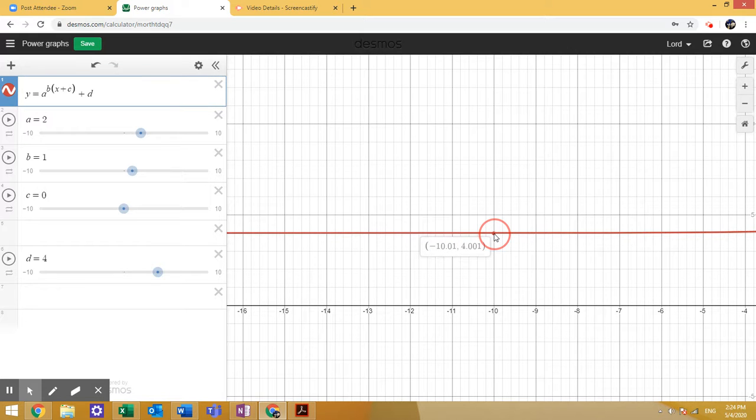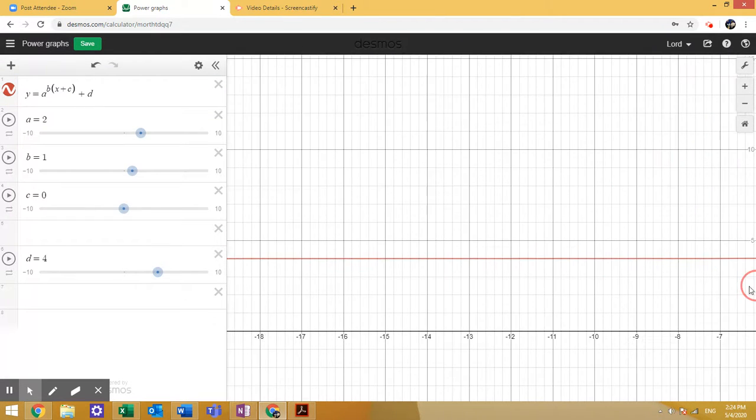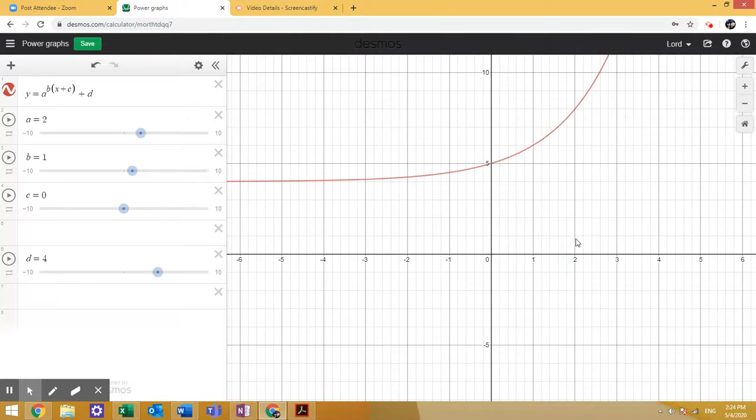There we go, 4.001. So our graph is limited by how many decimal places we can go. So it gets really close to that line 4, even though it looks like it touches and our decimals tell us it touches, it doesn't touch. That's one of the features of a power graph. It will get really close to a line on the left, but it doesn't touch.